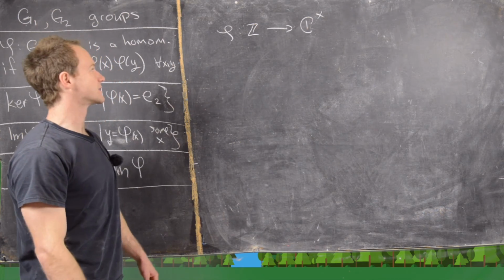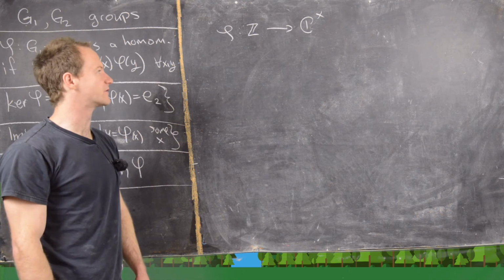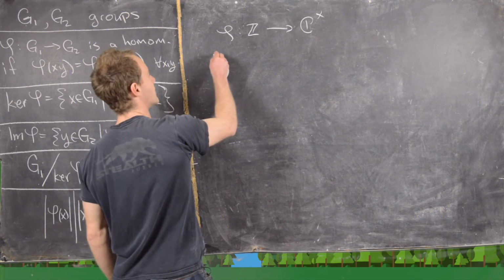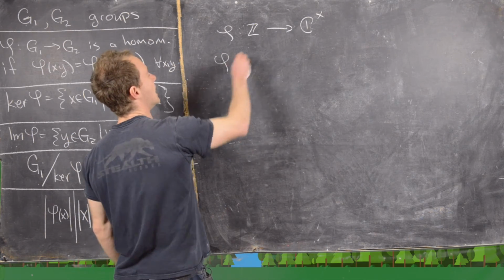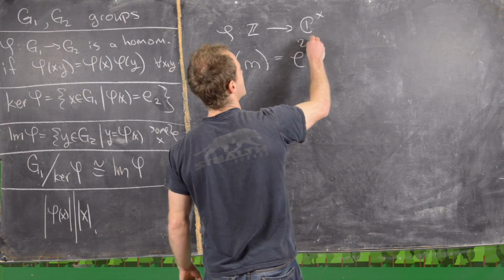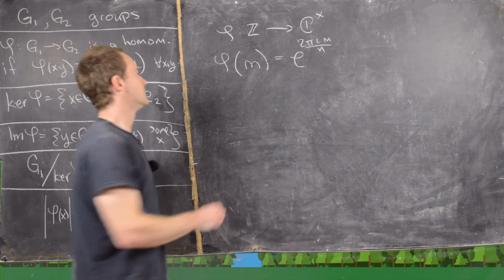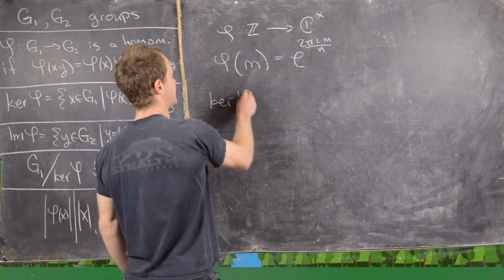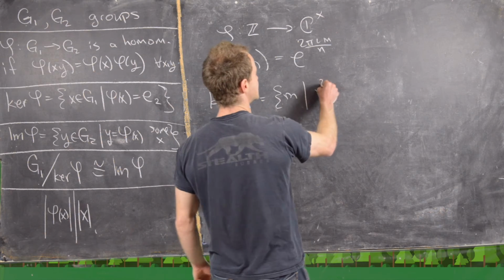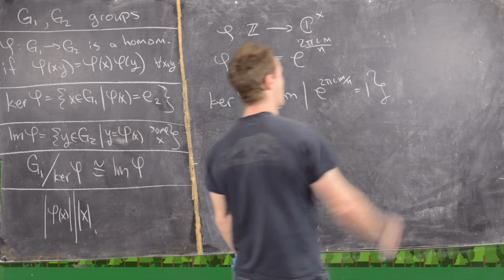Okay, so as a related example, let's say we have phi going from Z to the multiplicative group of non-zero complex numbers in the following way. Let's say that phi of m is equal to e to the 2 pi i m over n. Now notice that the kernel of phi, so that's going to be all m such that e to the 2 pi i m over n equals the number 1.